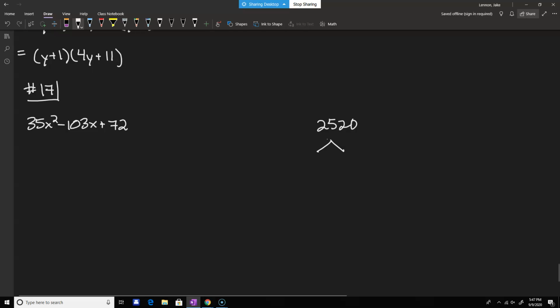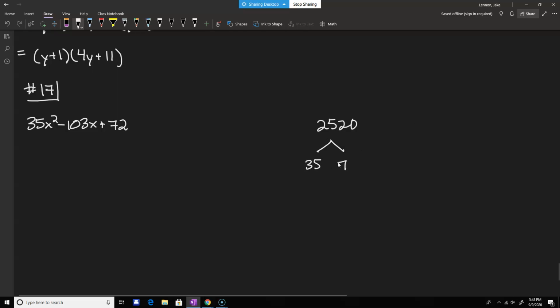And it looks like this one is probably going to be a prime polynomial, just because if both numbers have to be negative, I mean, we could do the prime factorization of 2520, which would give us all the possible candidates for the summation to the negative number in the middle. But I don't know. So yeah, maybe we should do the prime factorization.